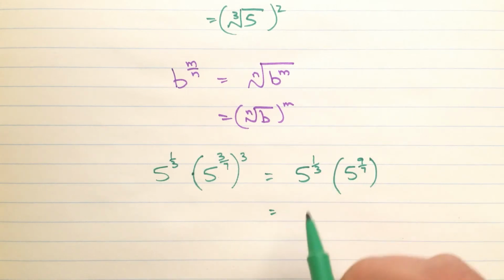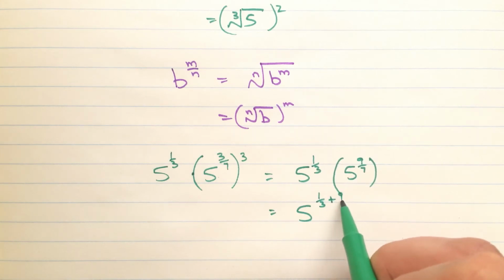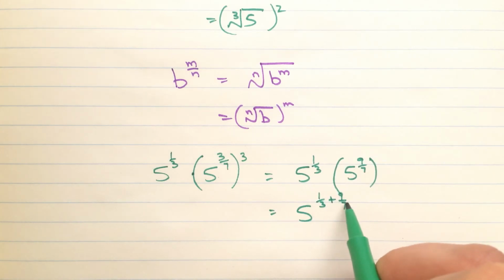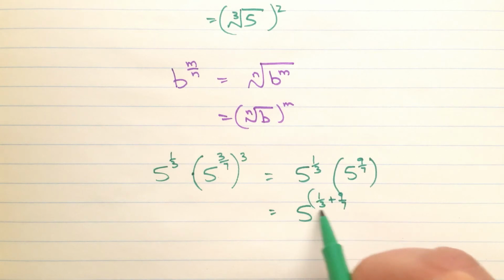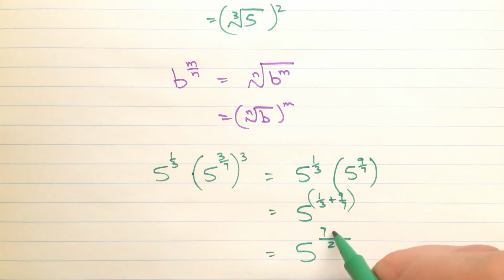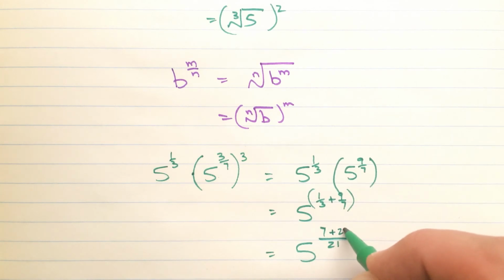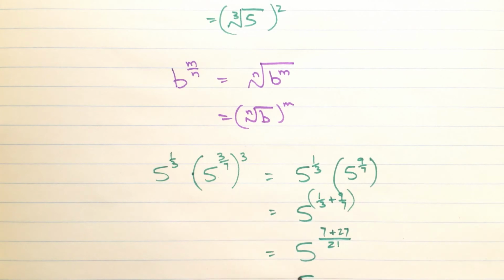Now these are two things multiplied together, so I can add their exponents. That's 5 to the third plus 9/7. With a common denominator of 21, that's 5 to something over 21. In this case, it'll be 7 plus 3 times 9, which is 27, so that's 5 to the 34 over 21.